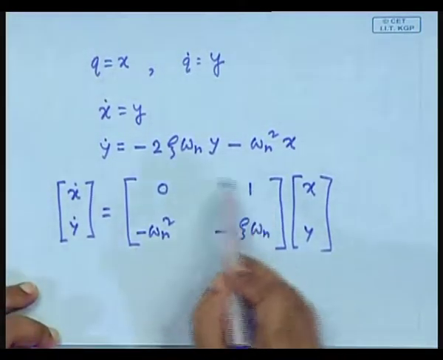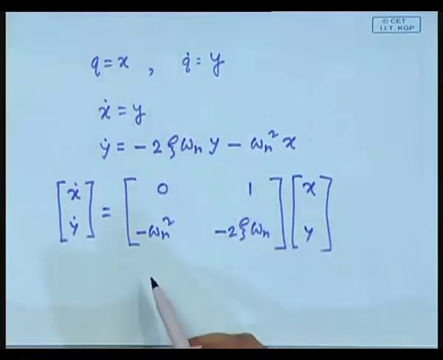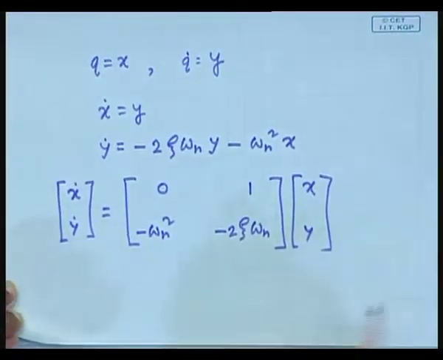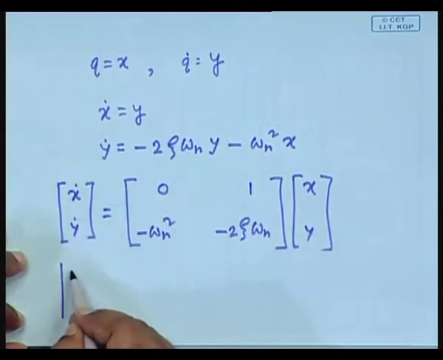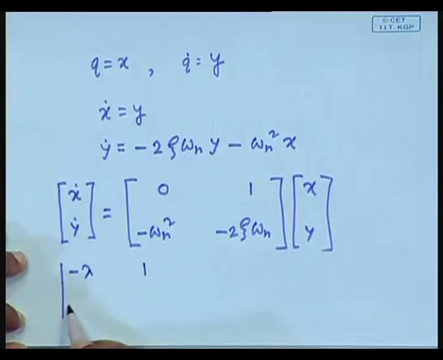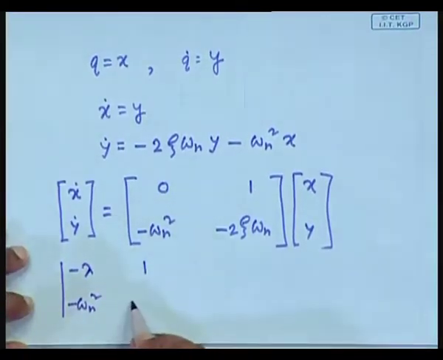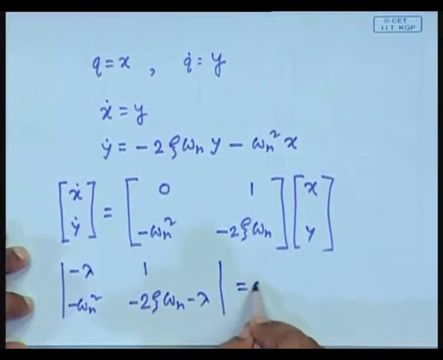How do you solve? You obtain the eigenvalues of this matrix. The eigenvalues of this matrix will be given by the determinant of minus lambda, 1, minus omega n square, minus twice zeta omega n minus lambda, equal to 0. Fine.